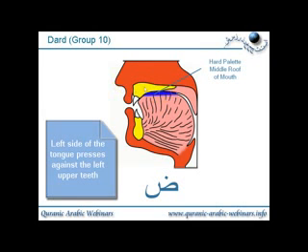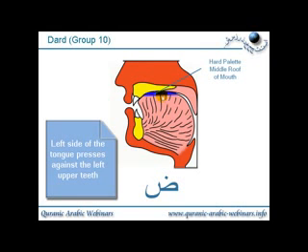So it's like saying the English word door, but putting your tongue on the upper left teeth and applying pressure and then releasing it.